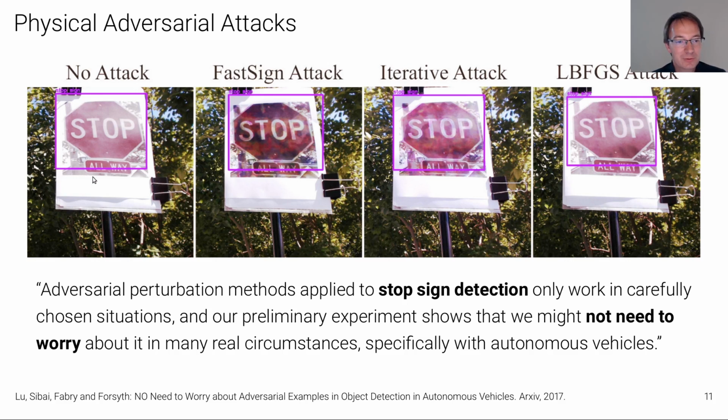The reason is that if you print a patch and put it in the real world, the entire image acquisition process, perspective projection, and the noise that the sensor adds to the image also get added, which then changes the outcome of the classifier again in a way such that the attack becomes less powerful.